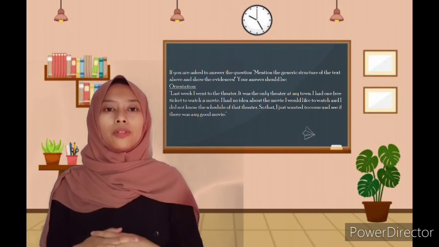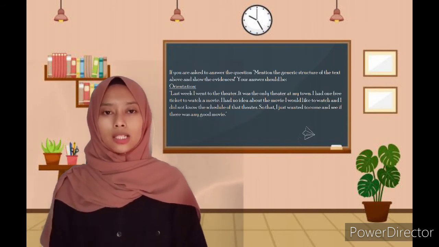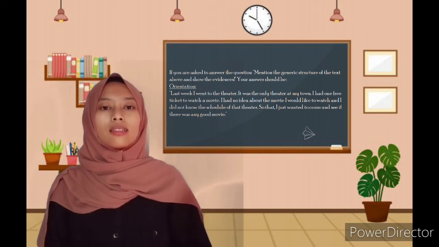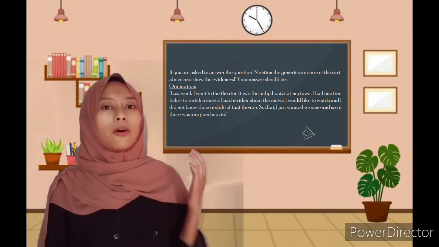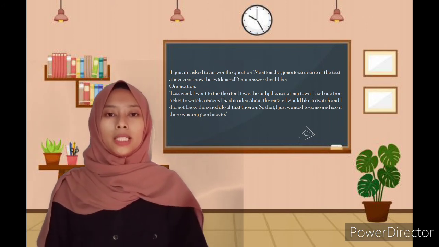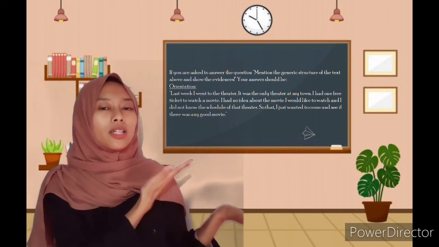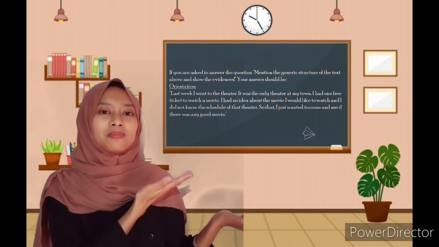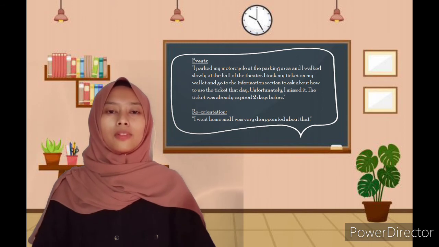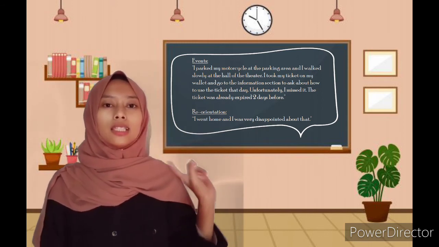Then, if you are asked to mention the generic structure of the recount text above, your answer should be like this for the orientation, and then for the events and for the reorientation.